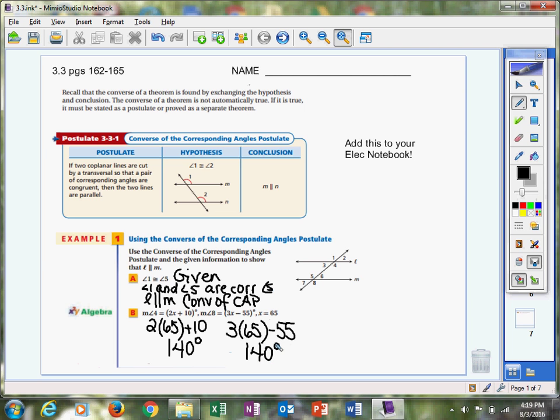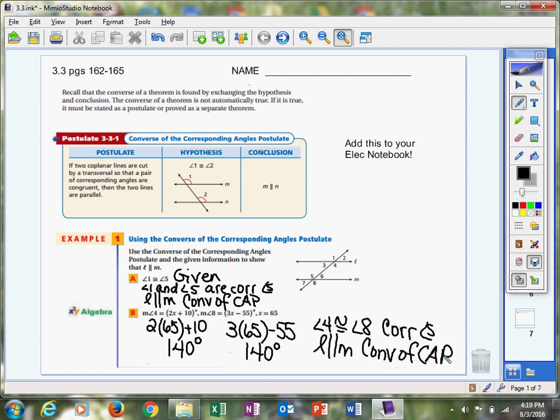So when they are the same measure, that means they are congruent angles, and we can say angle 4 is congruent to angle 8 because they have the same measure. They're in the corresponding angles position, and so they are corresponding angles, which means L has to be parallel to M because of the converse of the corresponding angles postulate.